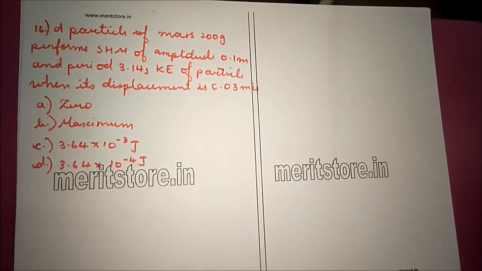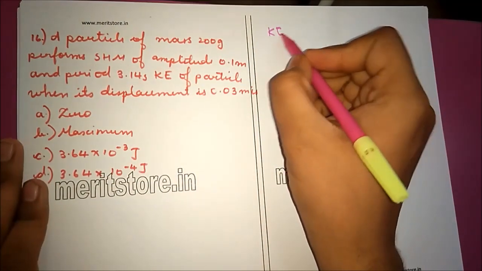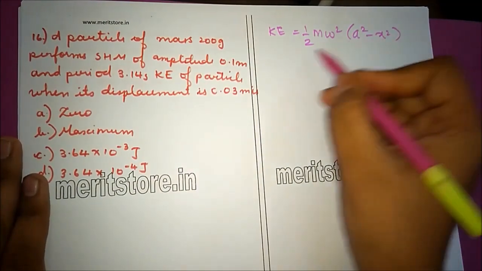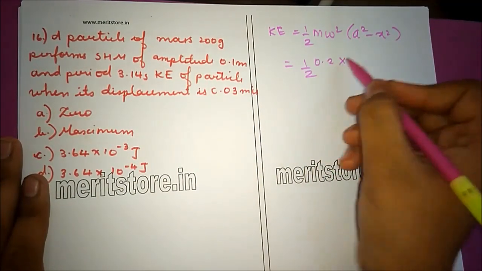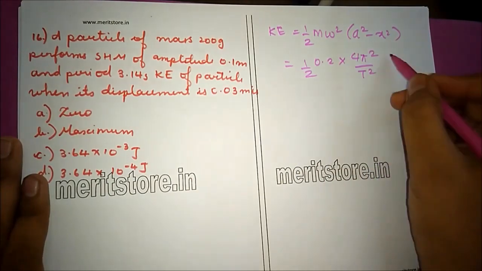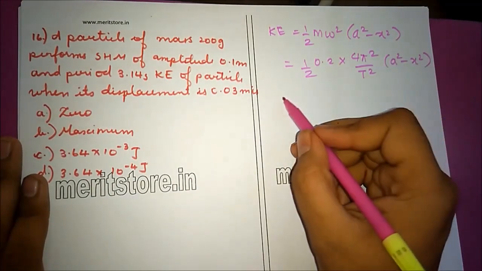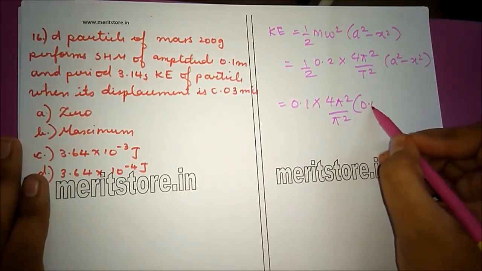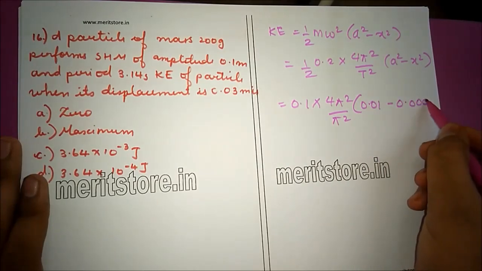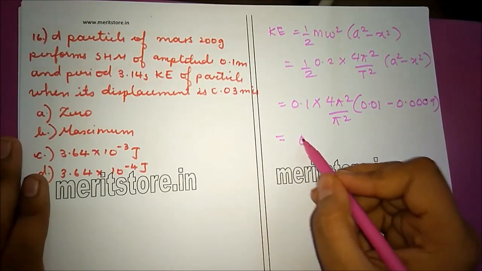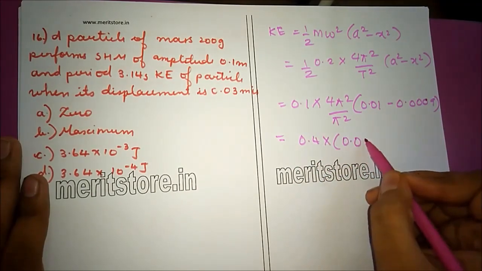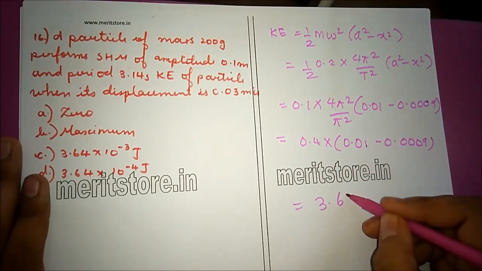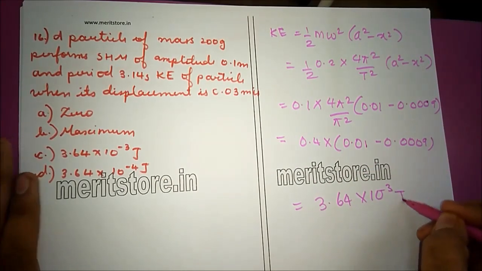Now to solve this question, we know that kinetic energy is equal to half m omega square into a square minus x square, which is equal to half into 0.2 into 4 pi square upon T square into a square minus x square, 0.1 into 4 pi square upon pi square into 0.01 minus 0.0009, which is equal to 0.4 into 0.01 minus 0.0009, which on solving we get 3.64 into 10 raised to minus 3 joules.